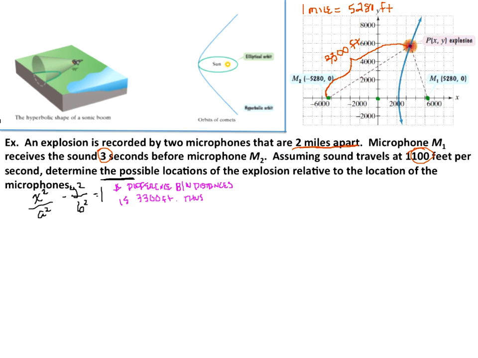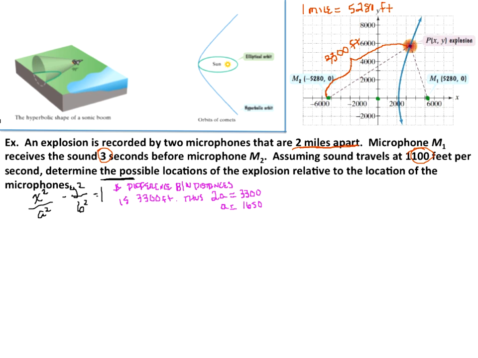Thus, 2a, which we defined back with ellipses, is equal to 3,300 feet, which means a is equal to 1,650.